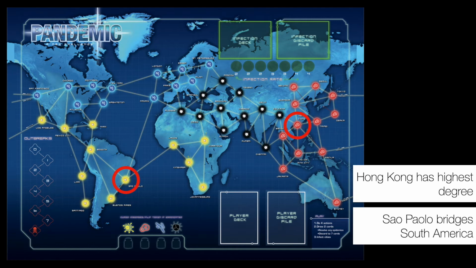How important these 2 cities are depends on what we are trying to do. If we know that an outbreak is already going to happen, perhaps we want to try and break bridges to keep an outbreak centralized in some location, whereas if we want to minimize the number of cities that have been infected, then maybe we want to prioritize higher degree cities instead.